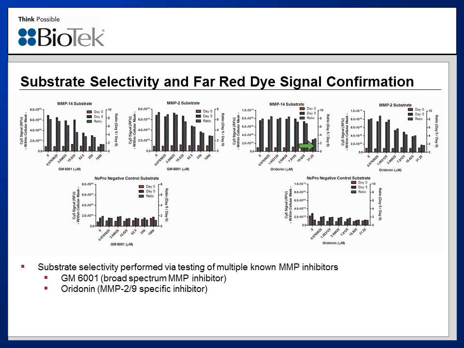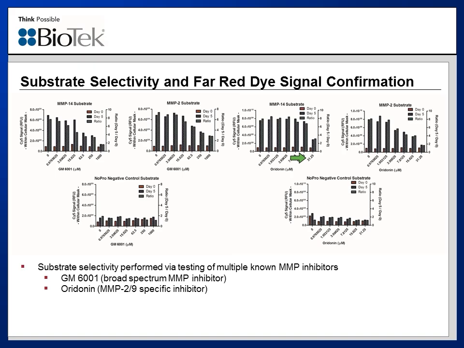And by looking at other images that were captured from that well, the loss in signal was determined by us to be from a cytotoxic effect from the compound and not due to true inhibition, which agrees with published literature stating that oridonin exhibits an apoptotic effect on MDA-MB-231 breast cancer cells.